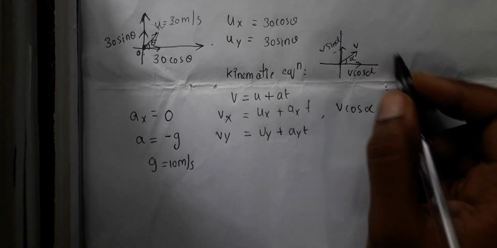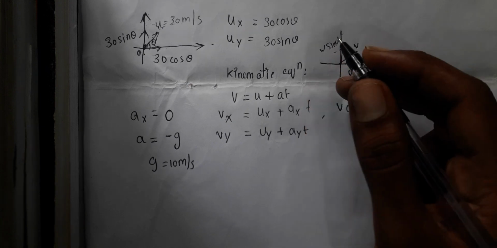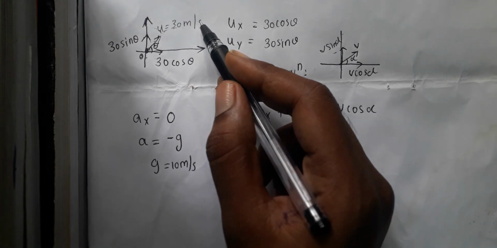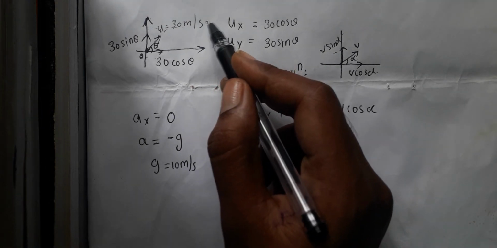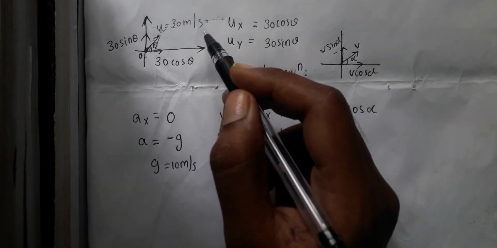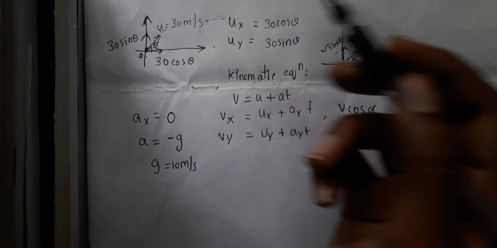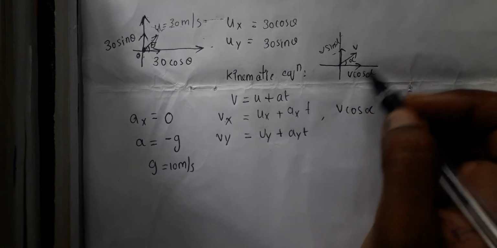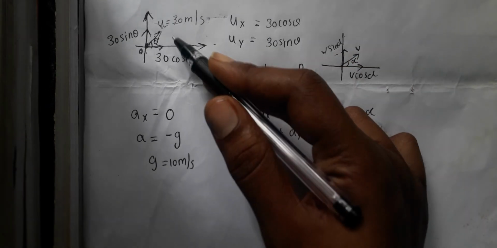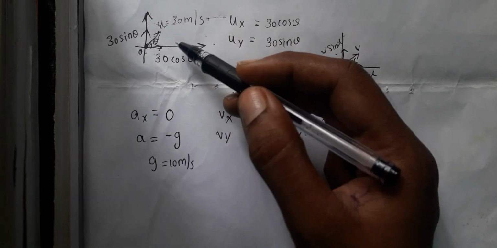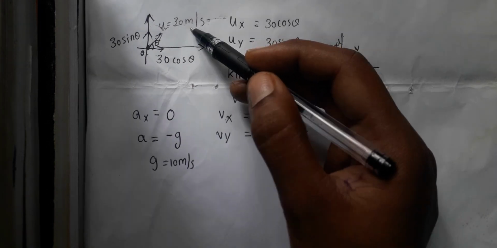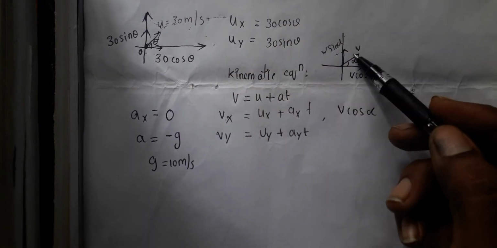The particle, while moving, at 1 second, we take the position and mark the velocity there, and that velocity is v.